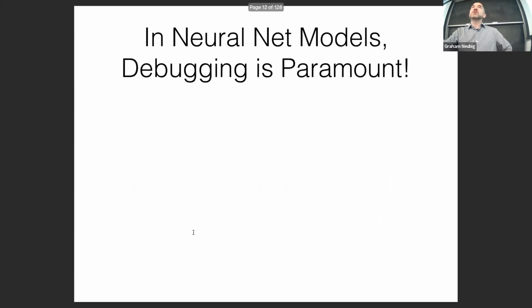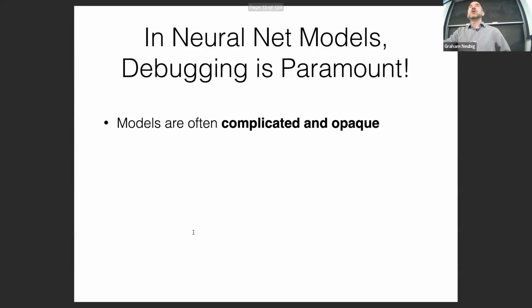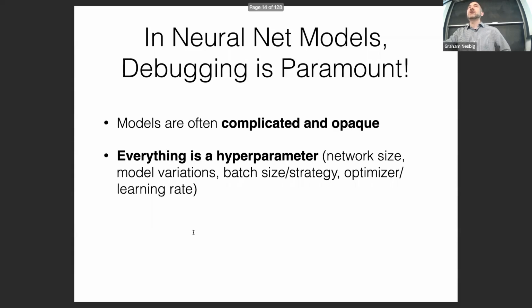Okay, so first about debugging. In neural network models, debugging is really important, and it's also relatively hard because the models are kind of black boxy. Unless you can do matrix multiplies in your head, you can't really tell what's going on, right? So models are often complicated and opaque.